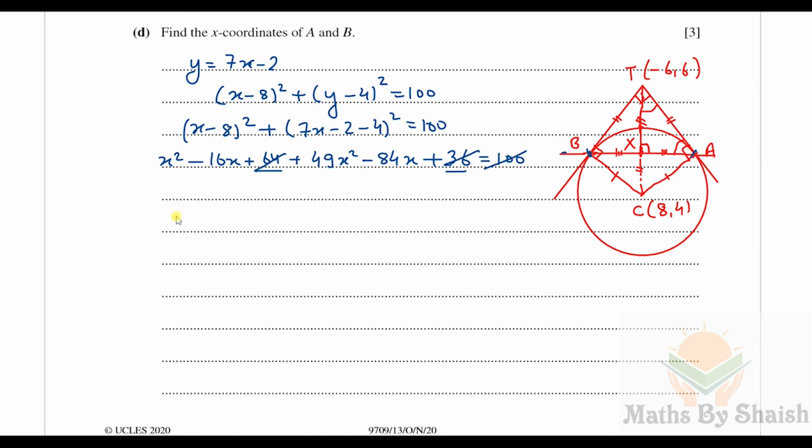We are only left with 50x square minus 84 minus 16, that is 100, minus 100x is equal to 0, or x square minus 2x is equal to 0, which will give x values as 0 and 2. So we can take anywhere one value, x coordinate of A as 0 and x coordinate of B as 2. These are the two x coordinates of A and B.